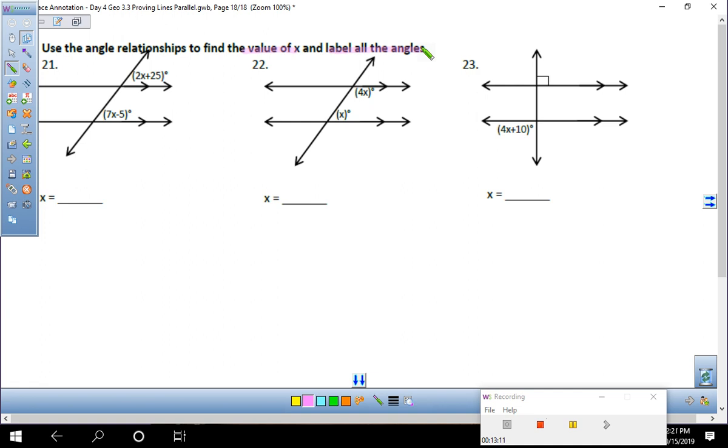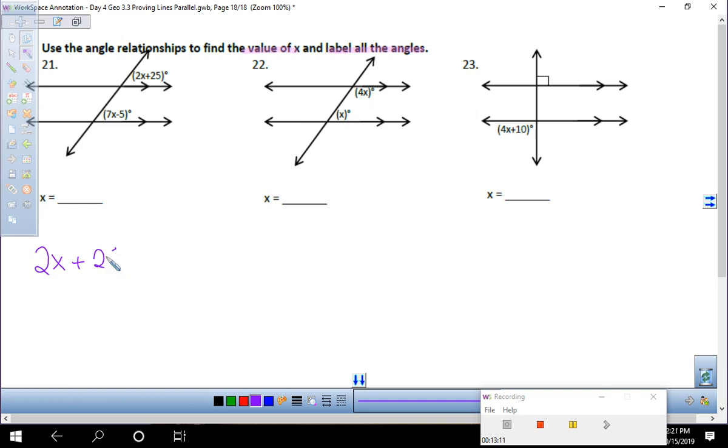So one extra step on these, again, we aren't going to be justifying, but we do need to go back and label all of our angles. So for number 21, looks like I've got corresponding angles again, so I know my corresponding angles are congruent. So for writing my equation, 2x plus 25 equals 7x minus 5.